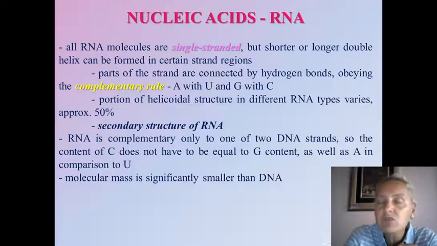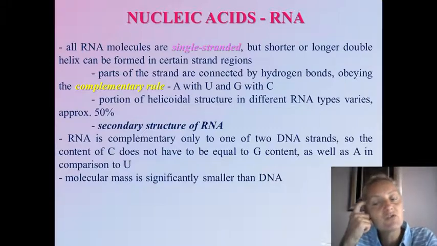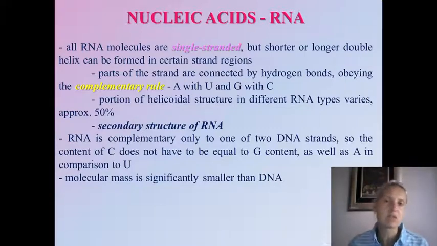The portion of helicoidal structure varies quite a lot in different RNA types, but it is approximately 50%, ranging from a very high percent in tRNA to a very low percent in messenger RNA, and so on. The presence of a smaller or higher portion of helicoidal structure is described by the secondary structure of RNA.